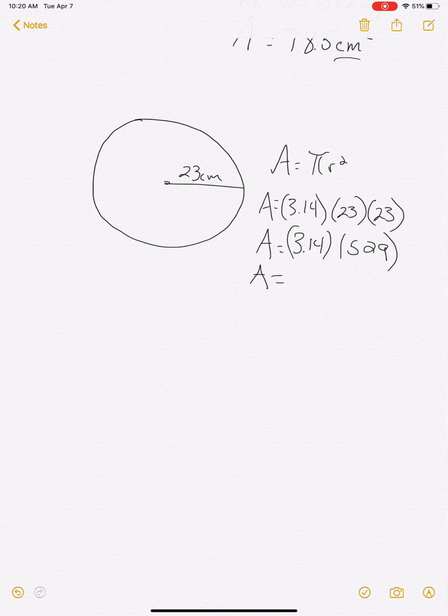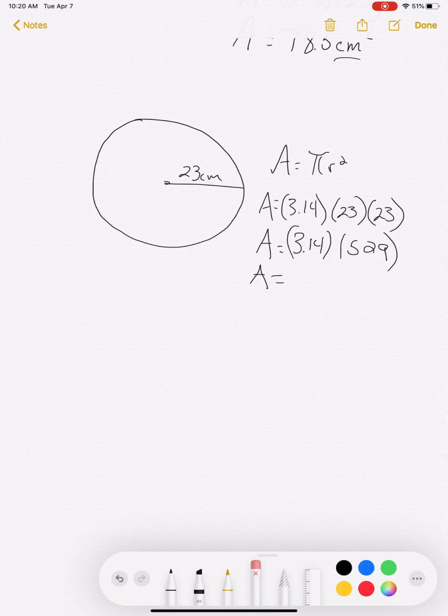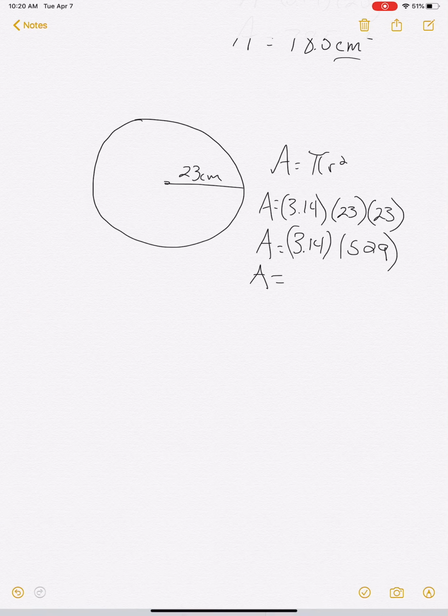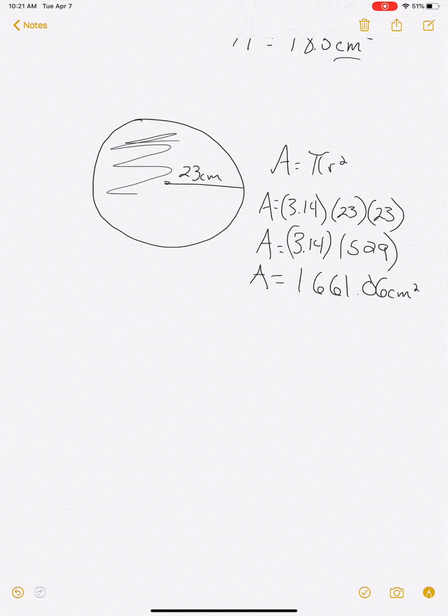So our area is now equal to 1,661.6 centimeters squared. So that is what we find for this area. It's a larger number than our previous area.